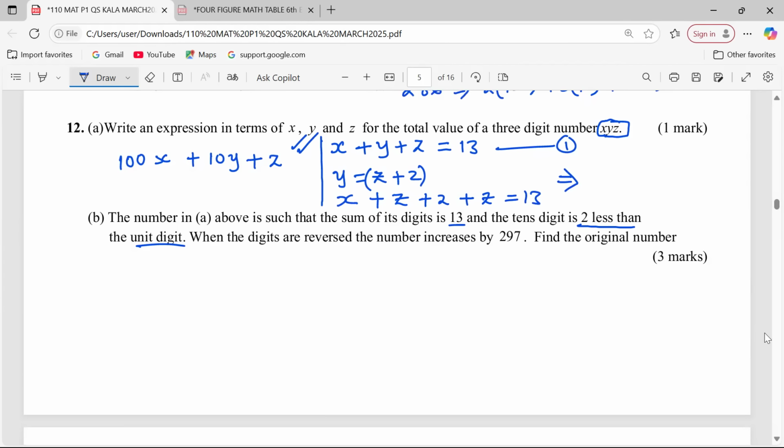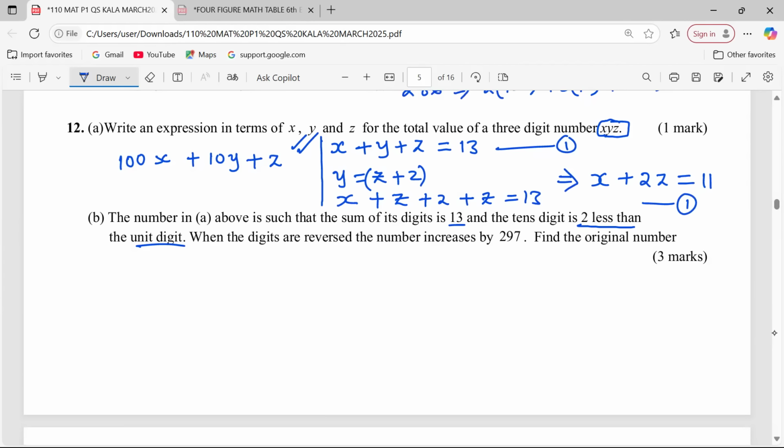Can we simplify this further? Yes. X plus 2Z equals 11. So this is equation 1 simplified.